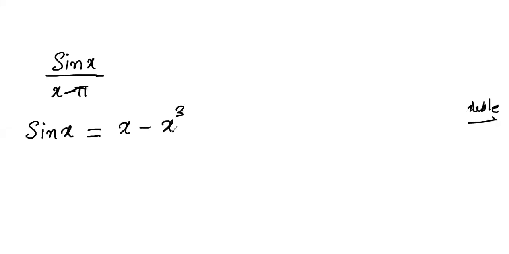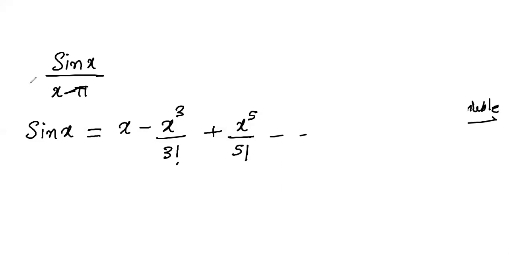So our question was sin x upon x minus 5. Okay. So we know the series of sin x, that is x minus x cube upon 3 factorial plus x to the power 5 upon 5 factorial and so on. Okay.